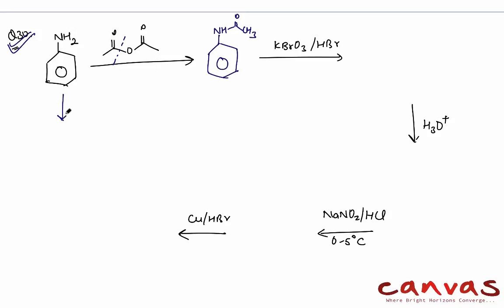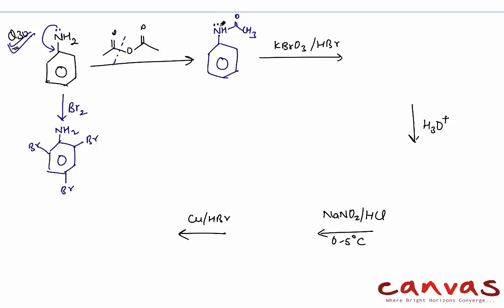Now why do we need to form this? If you directly react this with Br2, then because of the strongly activating nature of the NH2, you get triple bromination at ortho and para. Now you don't want this. Okay, so how do you avoid that? You reduce the activating power of this NH2 by introducing this COCH3 group.